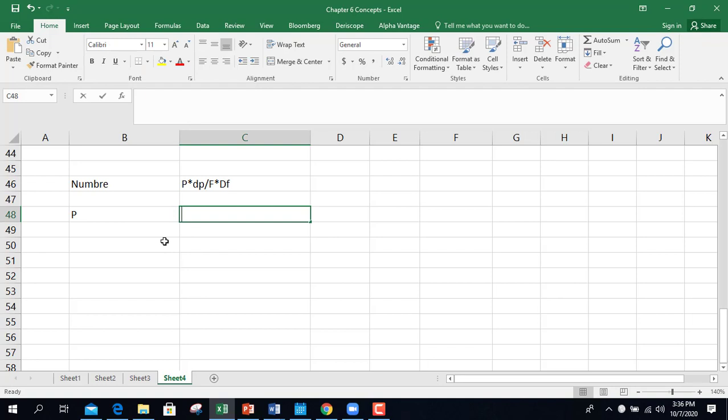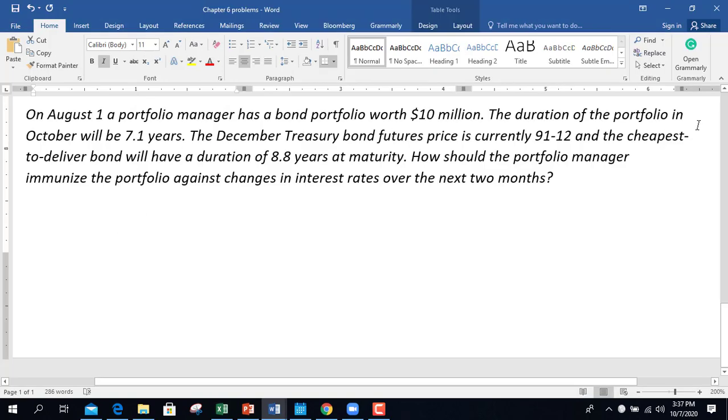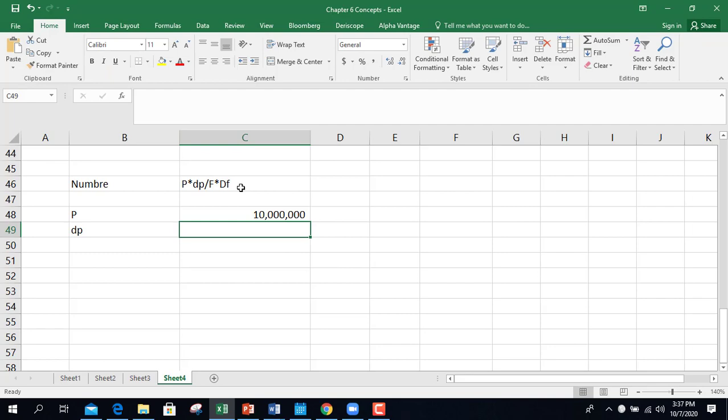Position size, you have $10 million. So 10 million is the position size that you have. Is DP given? Duration of portfolio is given to be 7.1.